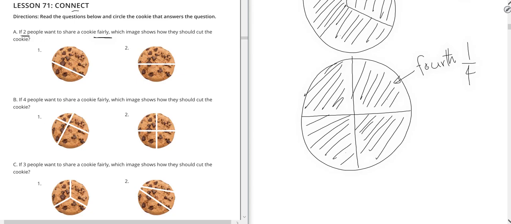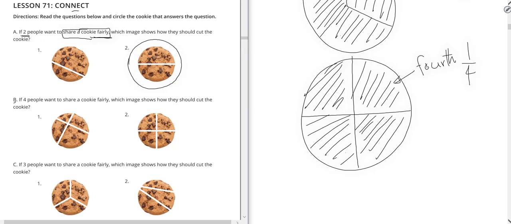Number 1. Here, this cookie is cut into 2 parts, but not equal. Okay, we want to share cookies fairly. That means we want to divide it into equal parts. So this is not equal parts. Number 2, this is 2 equal parts. So this is the right answer.